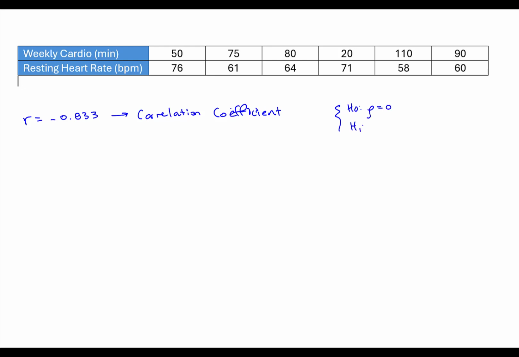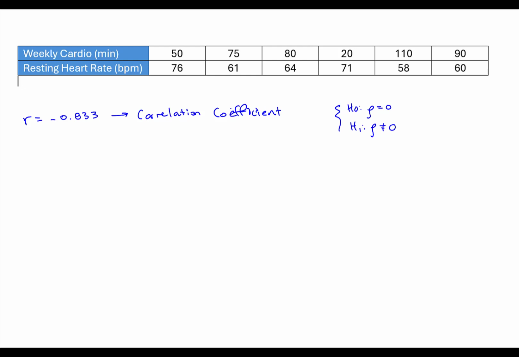The alternative hypothesis is rho not equal to 0. So rho is the correlation coefficient for the entire population. And so it is either equal to 0, meaning there is no statistically significant correlation, or it's not equal to 0, meaning that there is.